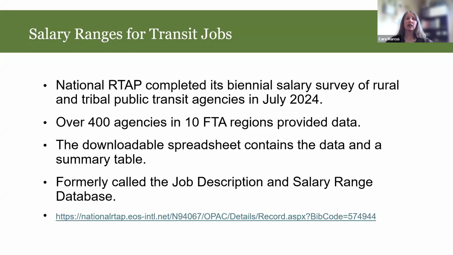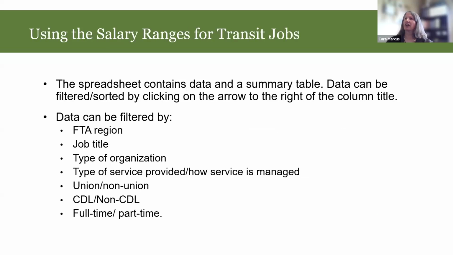We were pleased that over 400 transit agencies in 10 FTA regions provided data. It's a downloadable spreadsheet, and it's very easy to use. It contains data and a summary table.